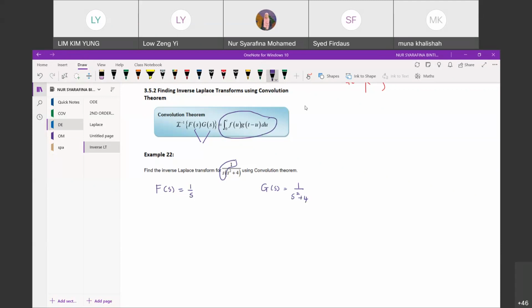When Fs is 1 over s, what is your Ft? Ft is the inverse of 1 over s. So what is Ft?